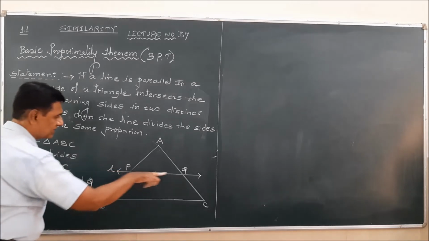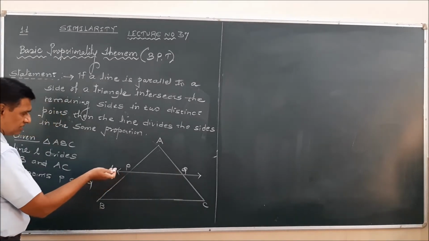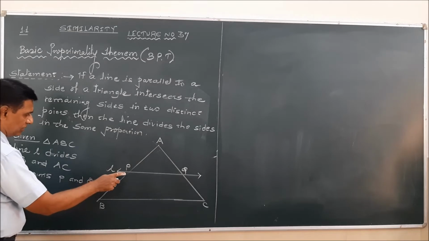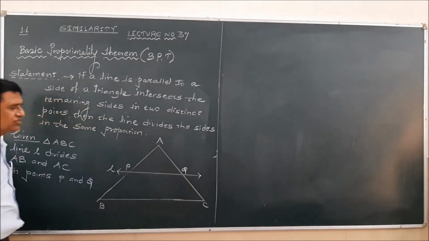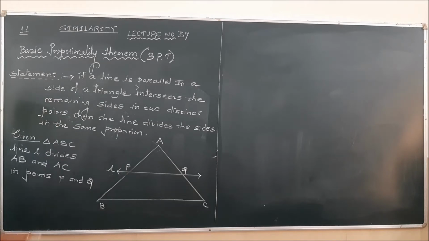So you will find this is a line which divides side AB in point P. This line L divides side AC in Q. So that is what I have mentioned over here. As well as it is very important, PQ is parallel to BC. What is important? PQ is parallel to BC.